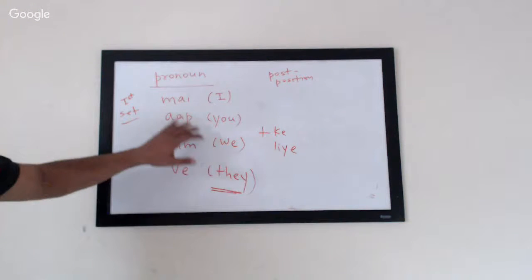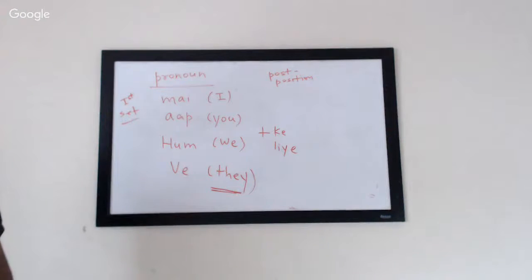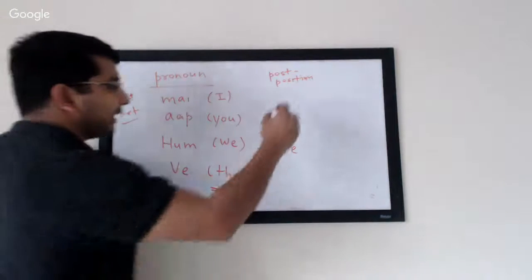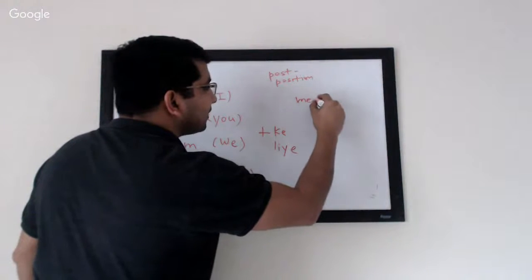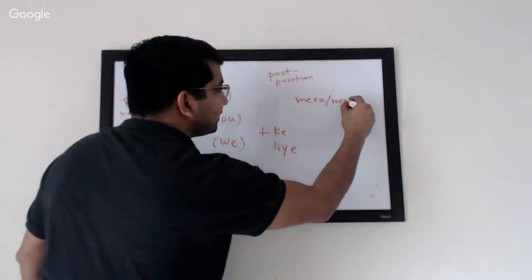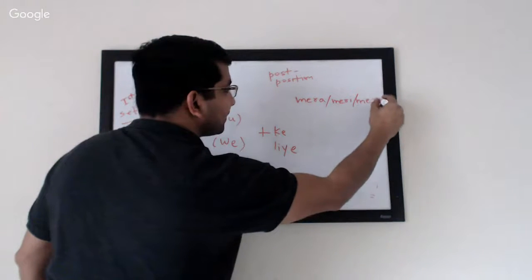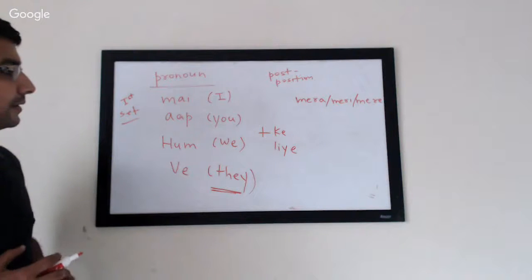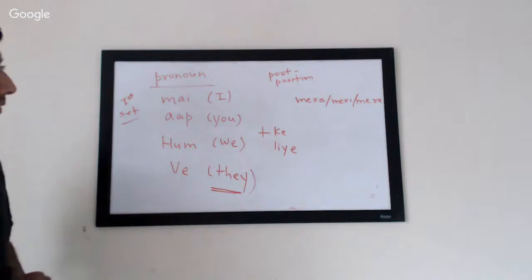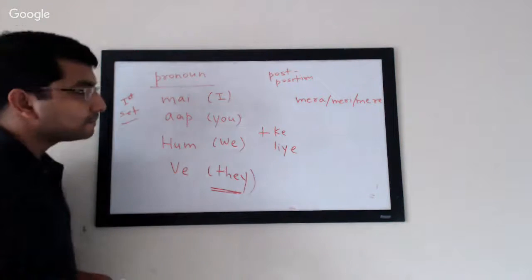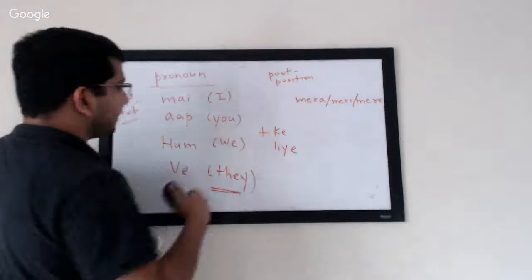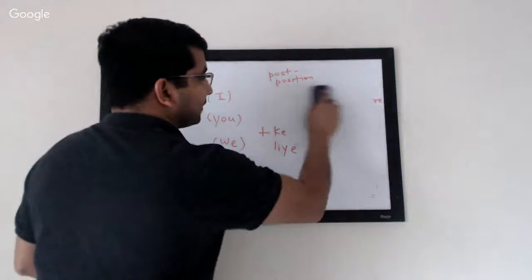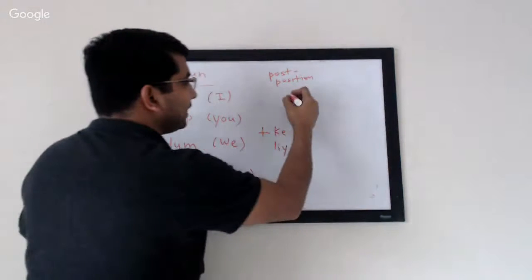Let's try it. मेरे लिए, right? So as usual, it will be मेरा, मेरी, and मेरे. Primarily, if I were to say मैं, it will be मेरे लिए. So मेरे और मुझ.